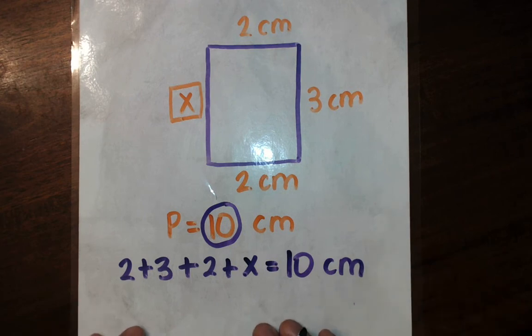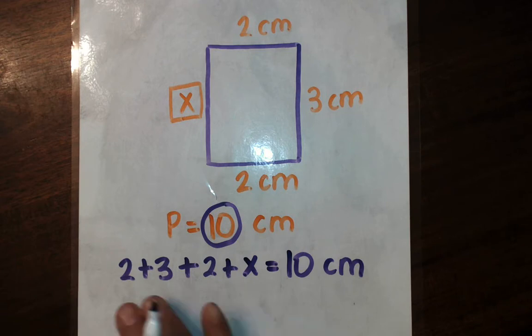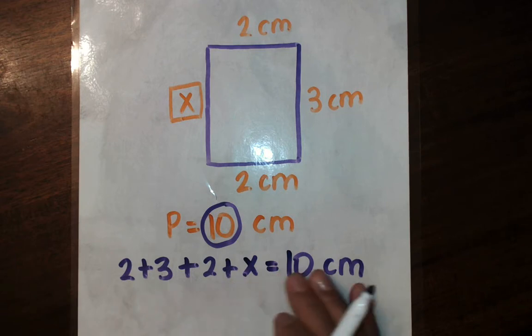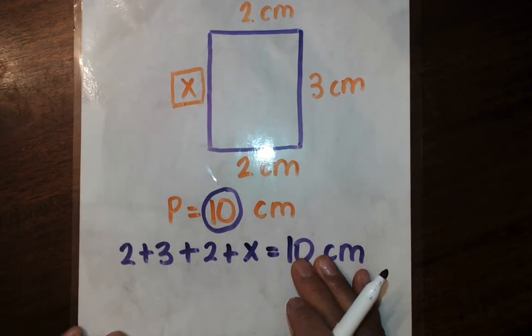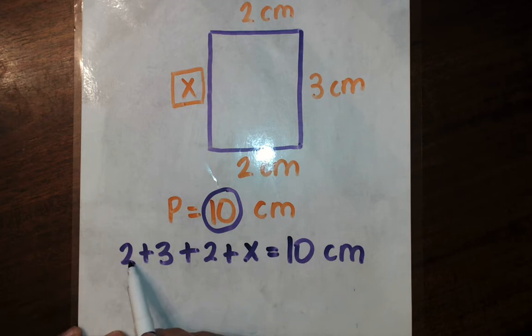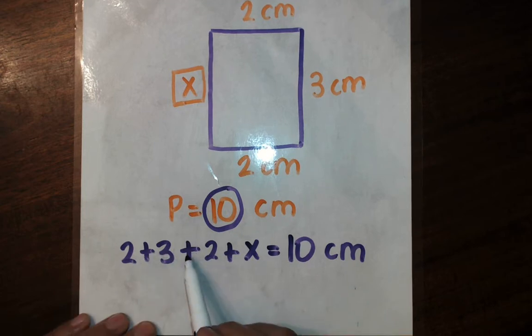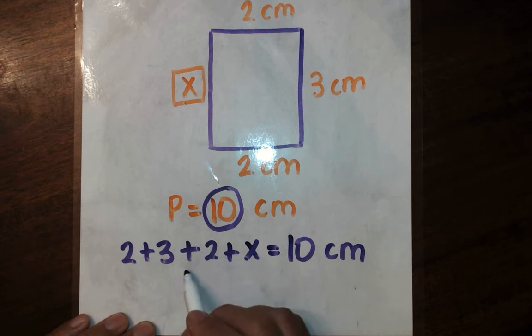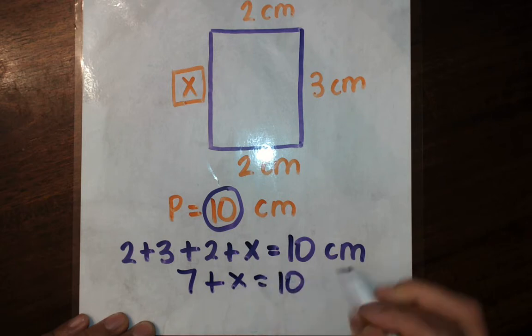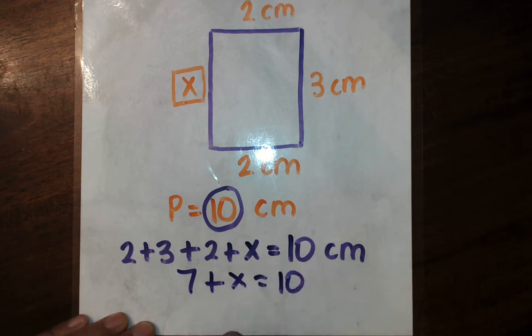So in order to figure this out, we first add up the numbers that are here and then compare it to what the perimeter is. If I add 2 plus 3 together, I know that's 5, and 5 plus 2 more is 7. So 7 plus whatever x is going to equal 10 centimeters.